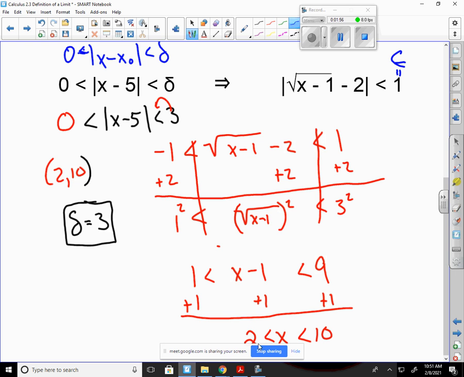So then we had to figure out which one is closer to 5. So which one is closer to 5? 2 is closer to 5 than 10 is, which is how we determined our delta of 3. Because our distance between 2 and 5 is 3. So then we plug that back in up here to show that we found what our delta actually is.